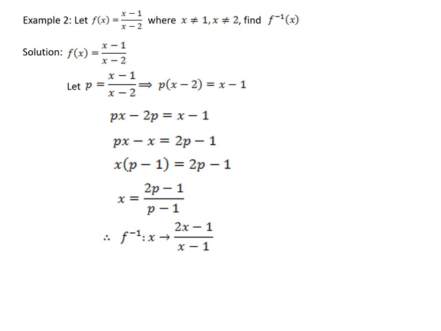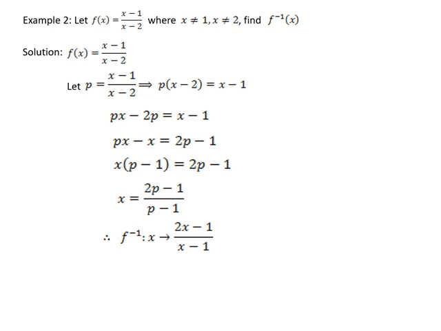Look at the solution. f of s is equal to s minus 1 over s minus 2. We let f of s be p. So we now have p equal to s minus 1 all over s minus 2, just as in the former example we did. Then we cross multiply, get p of s minus 2 equal to s minus 1.